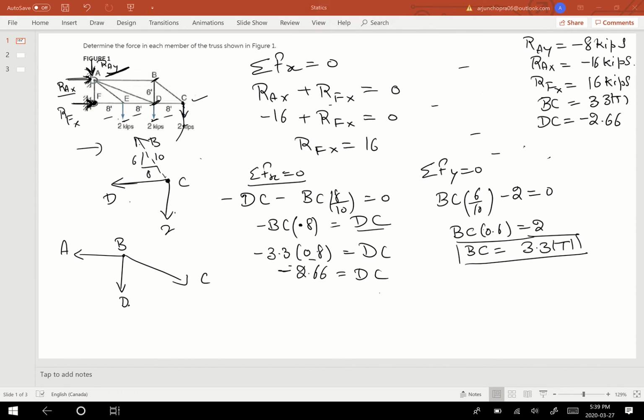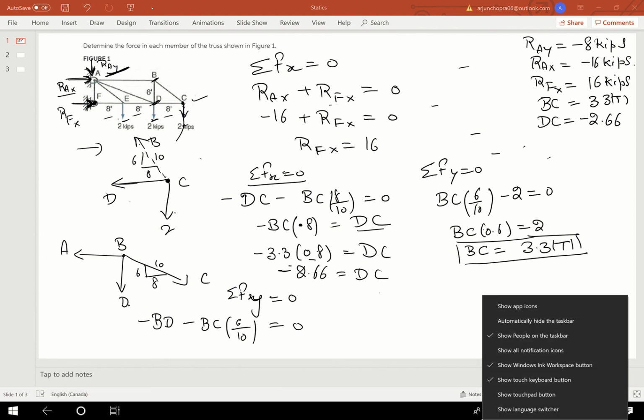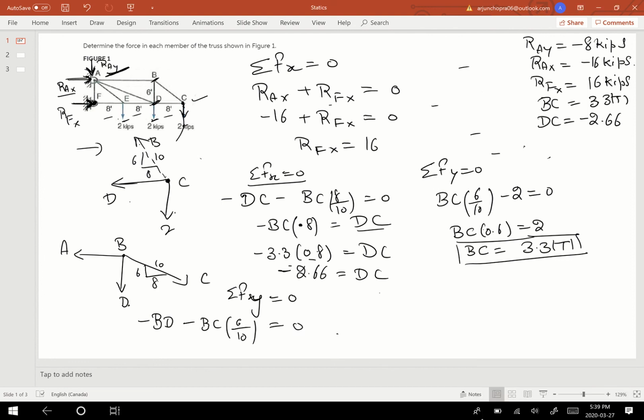So I can write down the equation sigma Fy first of all equal to 0. So BD minus BC times 6 over 10, because this is 6 and this is 8, so this is 10, equal to 0. So I've written down the equation. Do I know the value of BC? Yeah, BC value is known to me, which is 3.3.